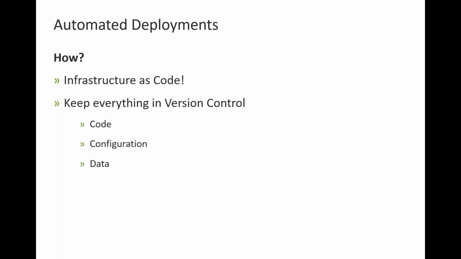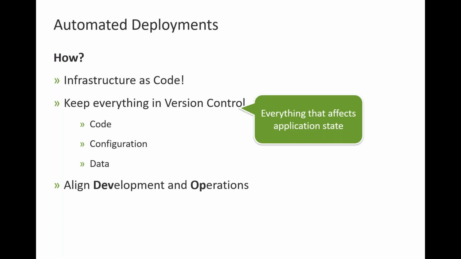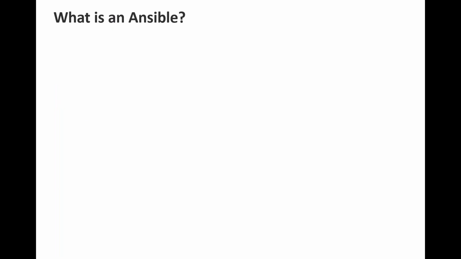Align development and operations. Whenever we talk about aligning development and operations, monitoring is also something we need to take care of. We'll come back to that. We have one demonstration on that, on how we set up the infrastructure, and onwards we'll see that with AWS approaches.